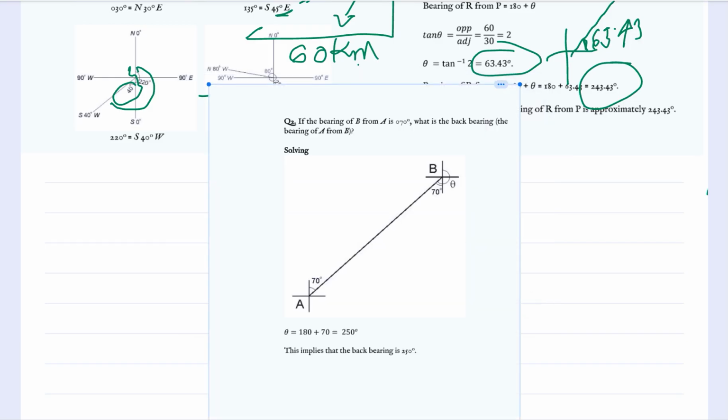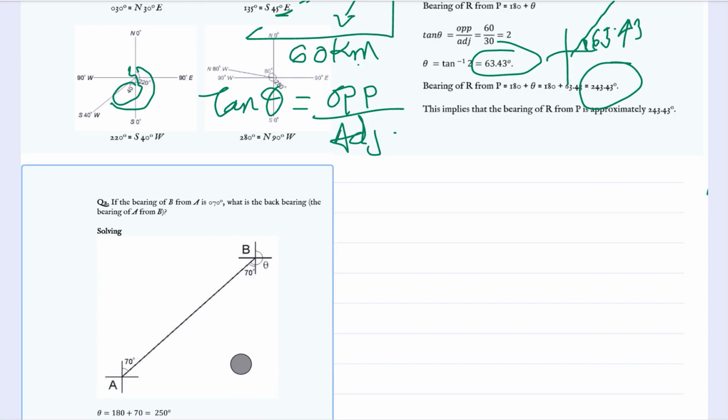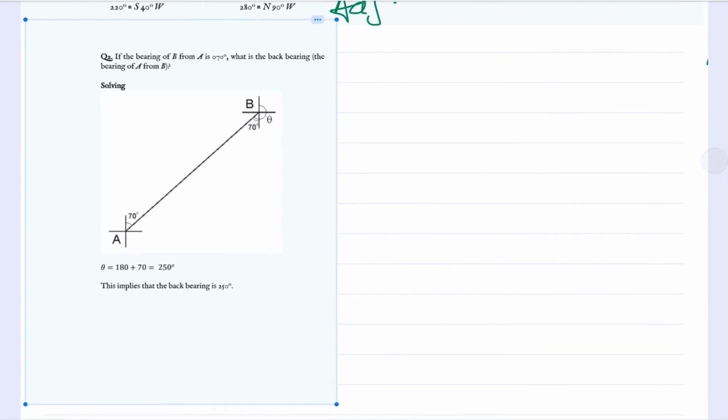So if you look at this particular example now, it is also another interesting question. Look at it here. The question says, if the bearing of B from, you must pay attention to from.